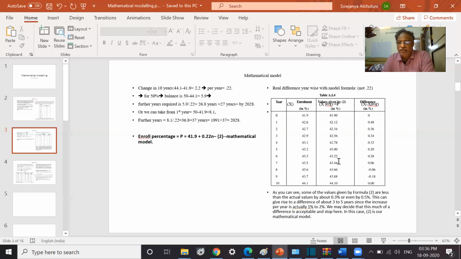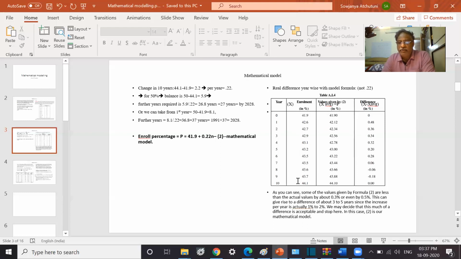But in between, you have a difference. It was really 42.6, but my formula says it should come to 42.12 only, so 0.48 more occurred actually. This is the difference between the formula we have arrived at and what actually happened.